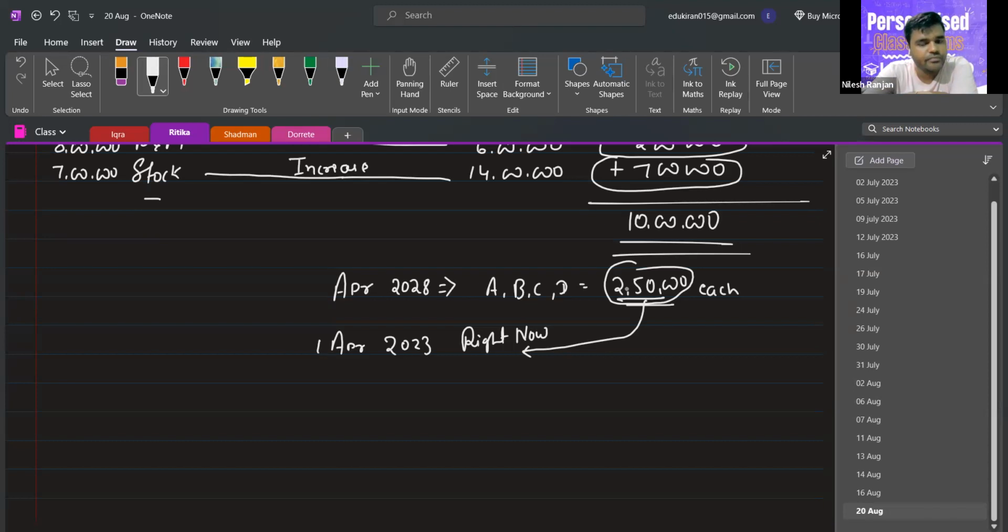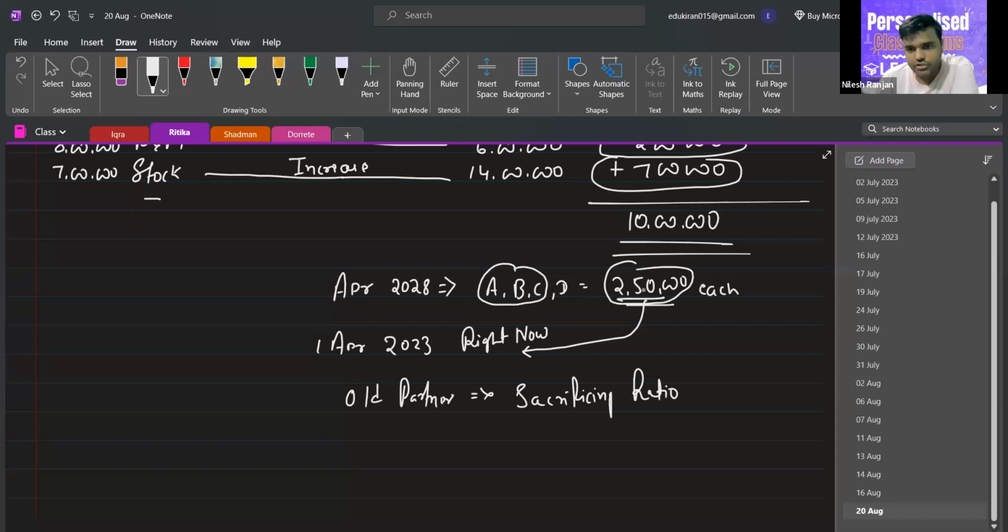Okay, sir. And he will give this profit to the old partners in their sacrificing ratio. Because A, B, and C will give this 2,50,000 from their profit to D. Yes, sir.